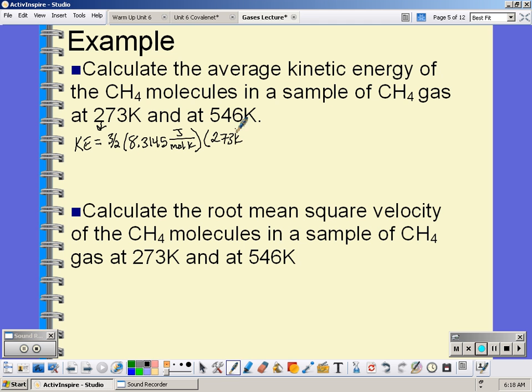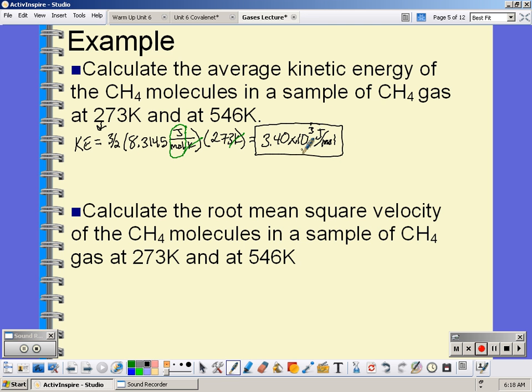Don't forget, I want to see that you cancel out your units. Here we're left with joules per mole, so kinetic energy, how fast they're moving per mole. And we would have 3.48 times 10 to the third joules per mole. So each mole of my gas would have this amount of energy.